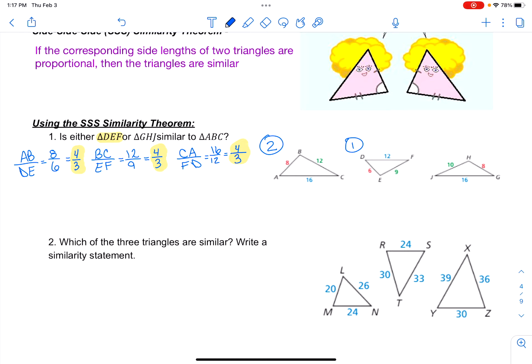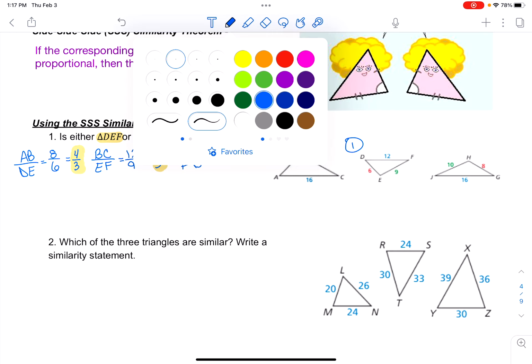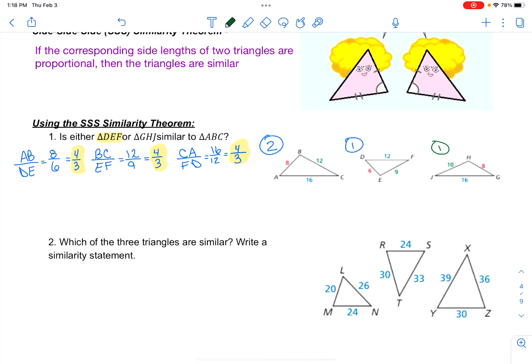So to make sure we've covered all bases, we now need to check triangle GHJ to see if that triangle is also similar. So now I'm going to label GHJ as our triangle 1, and we are comparing that with triangle ABC.